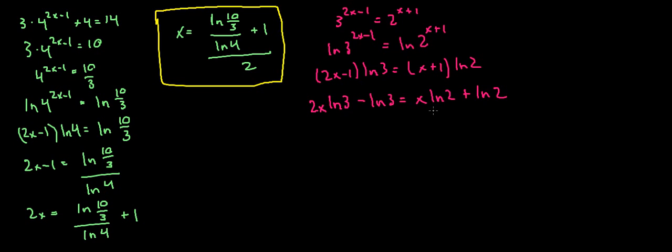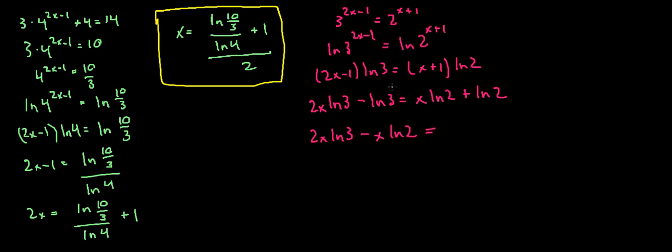I need to get all the x's on one side, factor out the x, divide out, and I'll have my answer. So I'll subtract this term over to this side, and I'll add this term over to this side. 2x times the natural log of 3. I subtracted this term, minus x natural log of 2. I added this term to the other side.